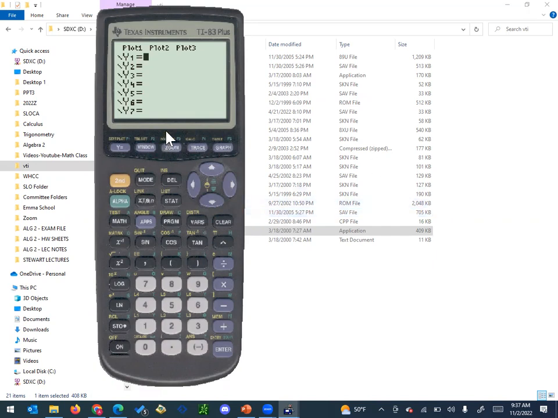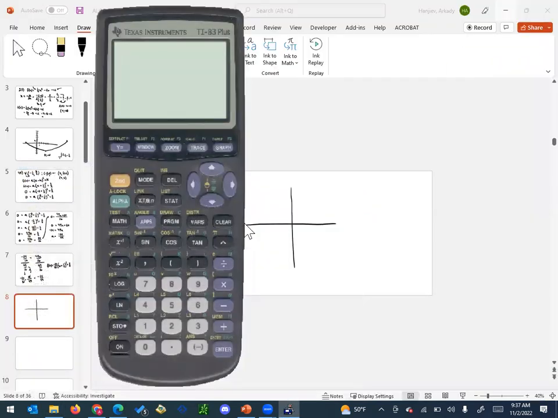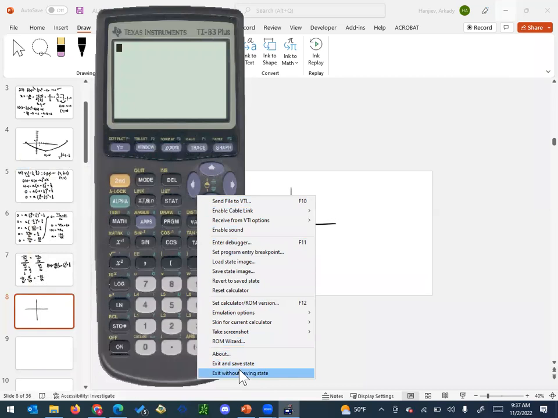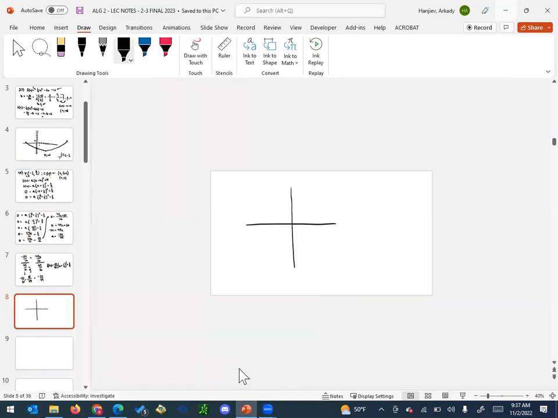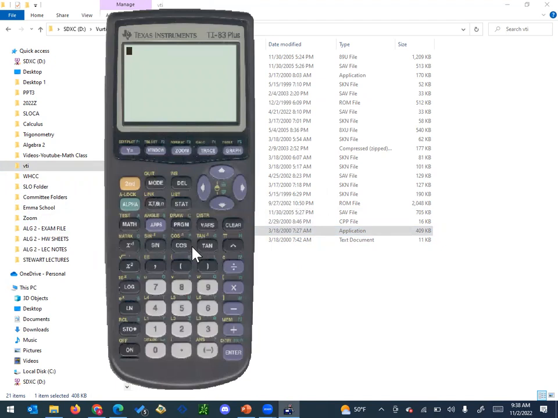That is so weird. Let me get rid of that. I wonder if it's going to come back. Okay, let's try this again. Let's see if the calculator comes up. Weird.